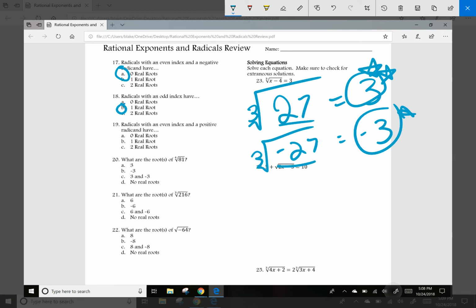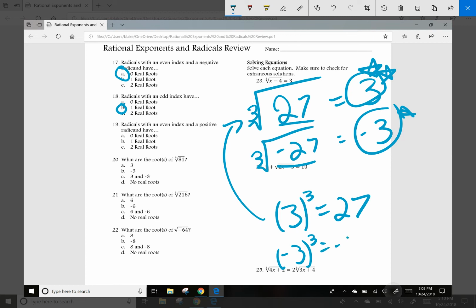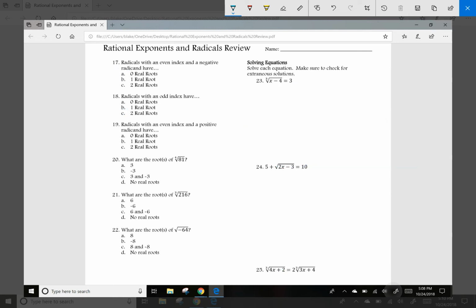If it's negative on the inside, your root is also negative. Because again, 3 to the third power is 27, so that's the answer to this. Negative 3 to the third power is negative 27, so that's the answer to that. They each have only 1 answer. Odd index always has only 1 root.